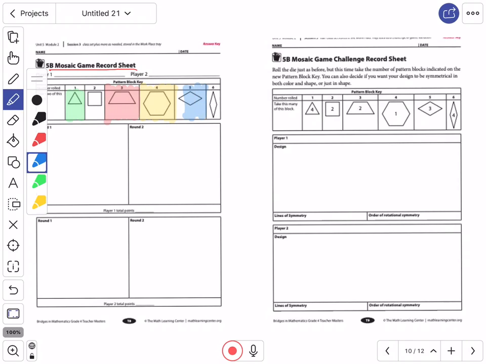The trapezoid would be red. Hexagon is yellow. This is actually blue. Technically, this one would be orange, but that's okay. So it's kind of like that.